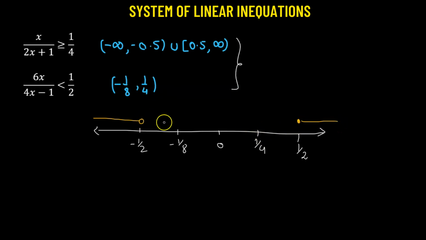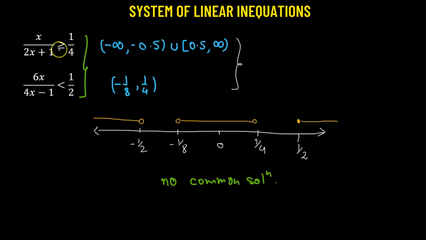The second solution is giving us the interval between −1/8 and 1/4. Now clearly from this diagram we see that there is no intersection between the solutions. So we will say that there is no common solution that satisfies both of the two linear inequalities. So there is no solution to this system of linear inequalities.